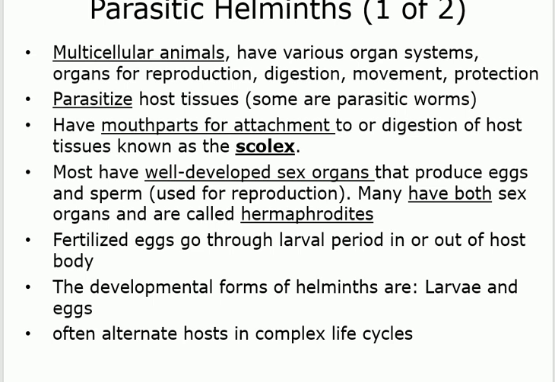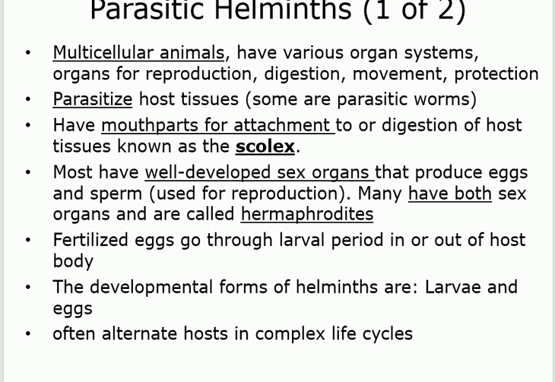Okay? Are we following so far? These parasites have a mouth part to help them attach to the digestive system, which is called scolex. Are we following? They have to have it. Otherwise, they would go through our intestine and leave in the feces, which doesn't actually happen. You ingest these worms, and they don't just leave, because of the scolex.